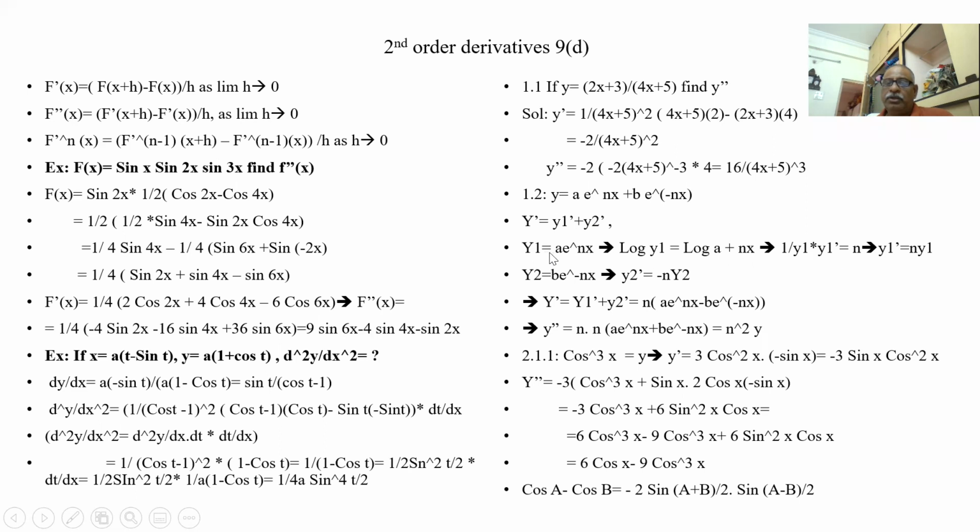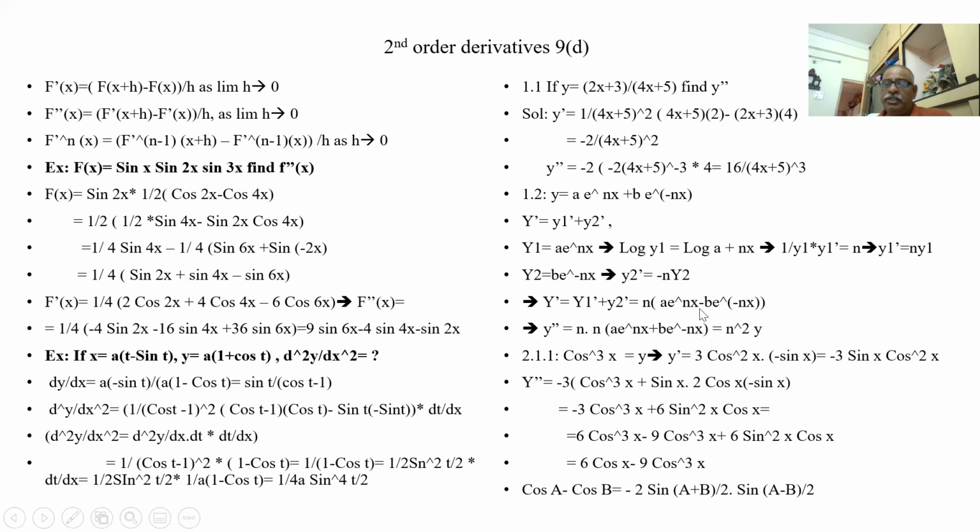Similarly, this is minus b n e to the power of minus nx. Simple. Okay.